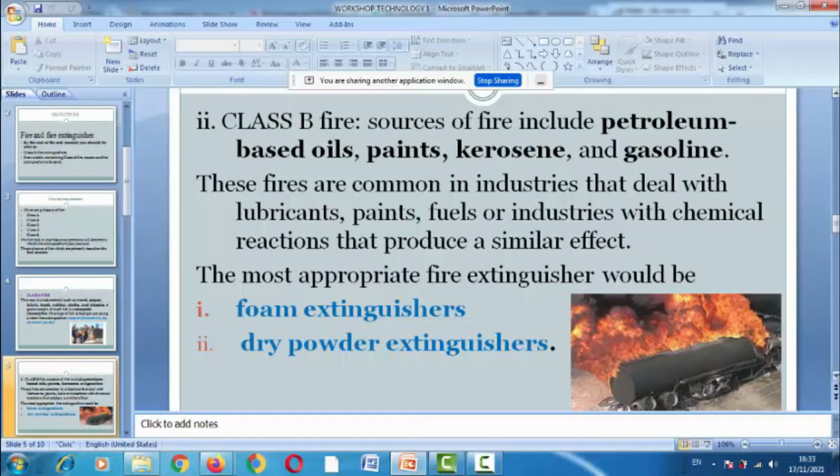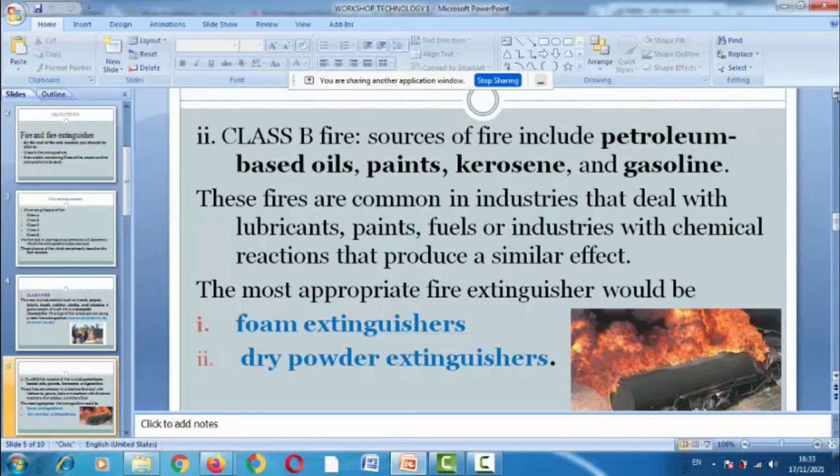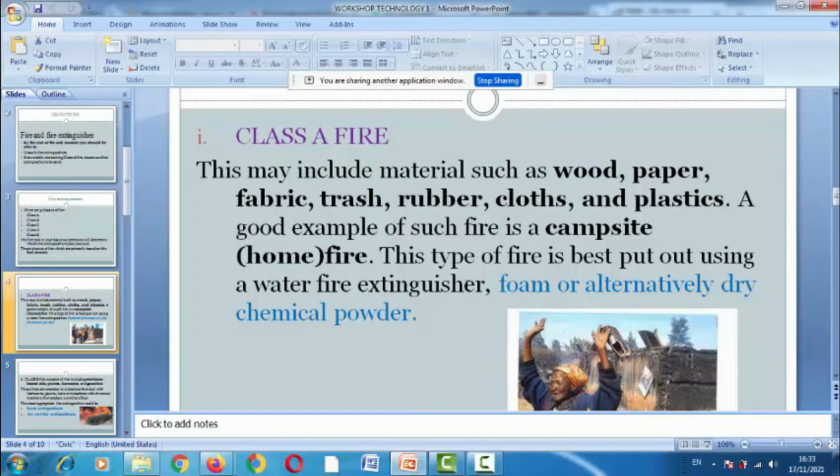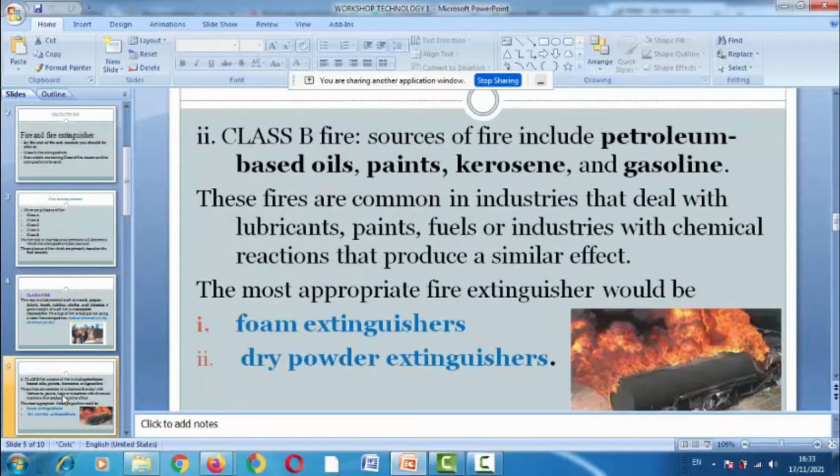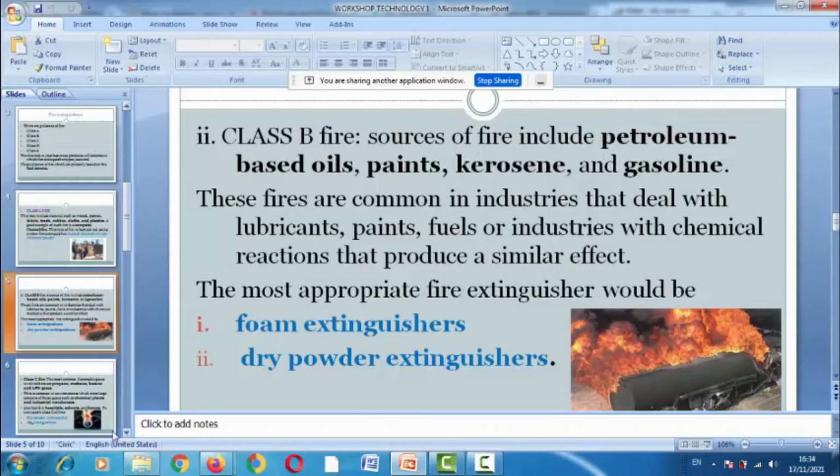So for this type of fire, you cannot use water. You can only use a foam extinguisher or dry powder.